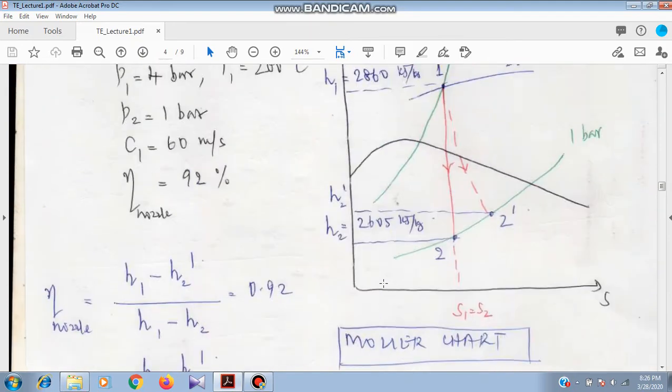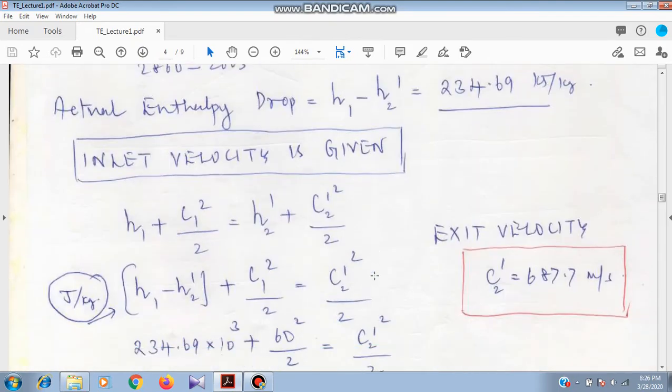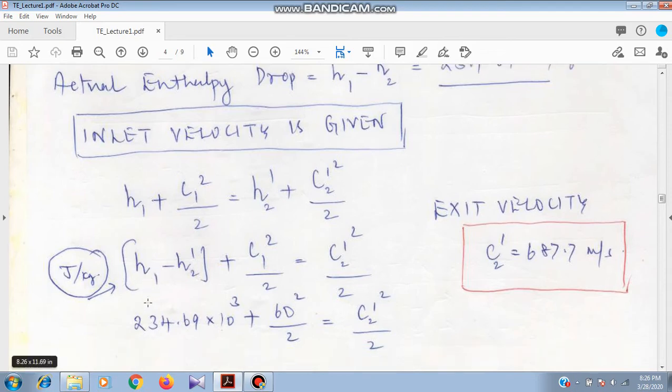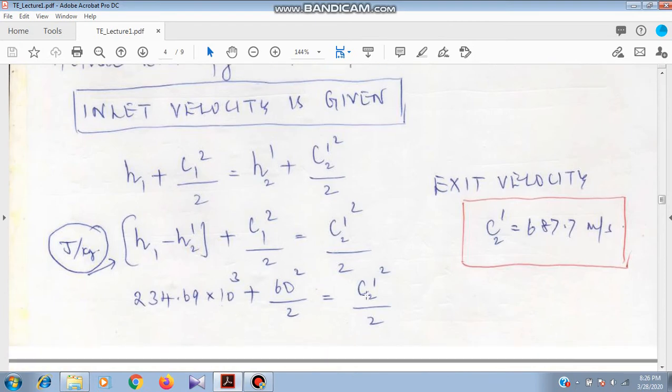And here the inlet velocity C1 is given, so you follow the first equation, H1 plus C1 square by 2 equals H2 dash plus C2 dash square by 2. By taking H1 minus H2 dash, this value is 234.69 kilojoules, and you convert this kilojoule to joule, that is why you multiply by 10 raised to 3, you will get the exit velocity C2 dash.